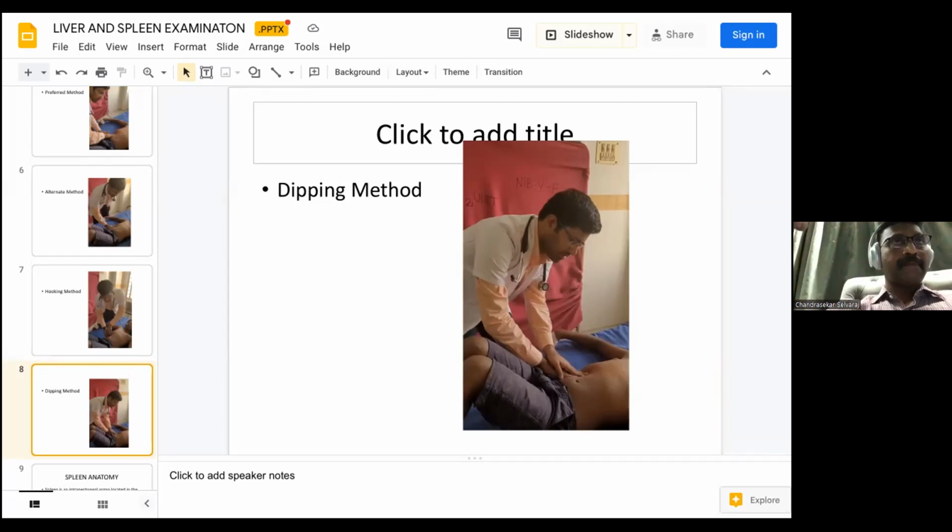Then you need to come down to the right iliac fossa. Either you can palpate or you can percuss, and you need to gradually ascend up with each expiration and look for the dullness or the palpability of the organ. That denotes the lower border of the liver. Normally the liver span is around 12 to 15 centimeters, and in younger individuals it is usually around 10 to 12 centimeters.